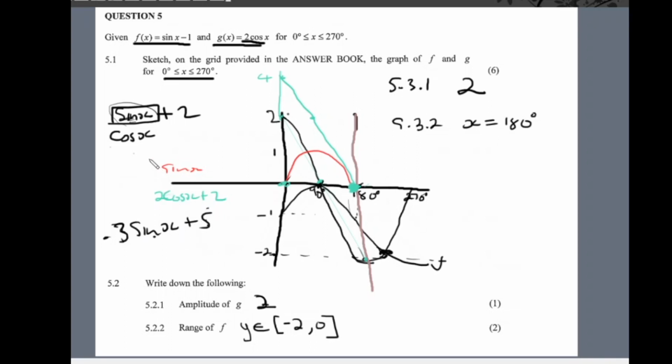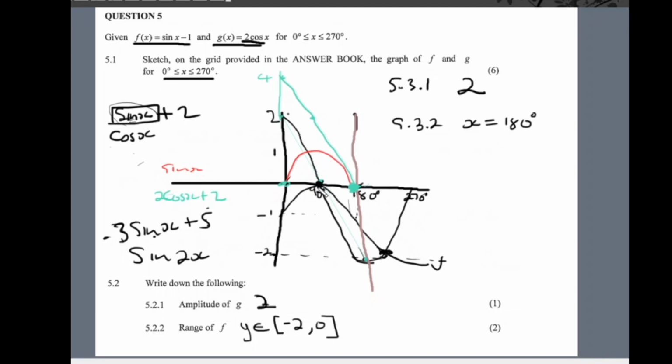And then if maybe they say sine 2x, that's when it can be a bit tricky. There you will transform your period, so you will divide these points by 2.